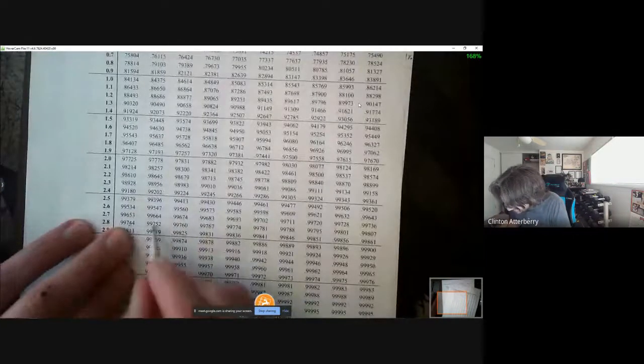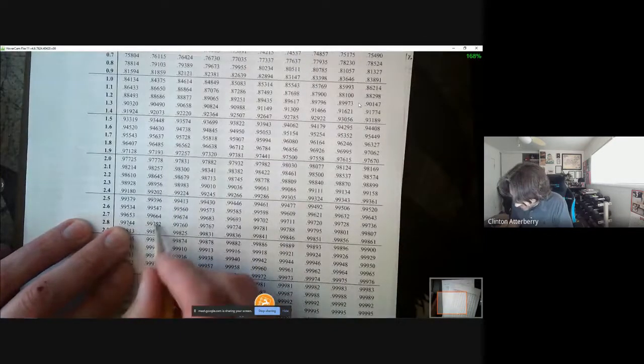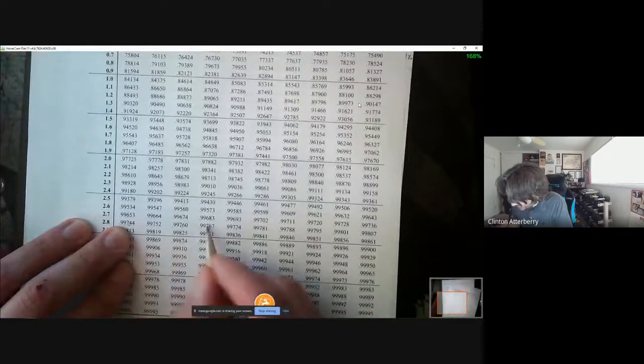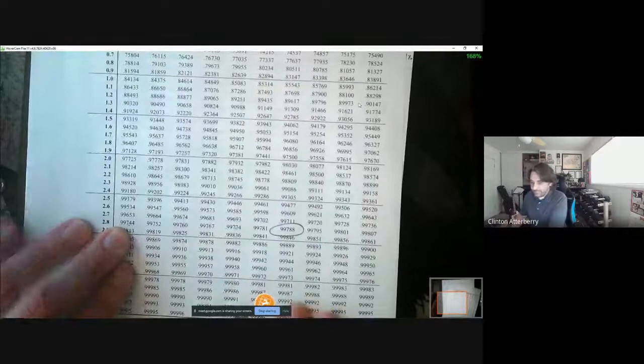So left side shaded, positive 2.86. This is 2.80, then 2.81, 2.82, 83, 84, 85, 86. So I'm going to do some quick math here.